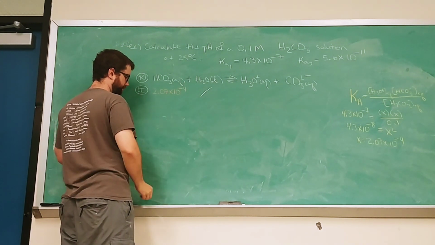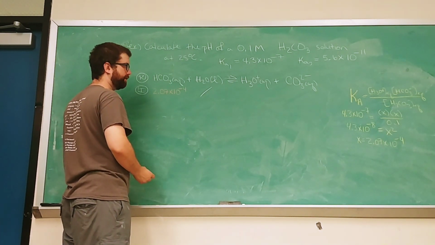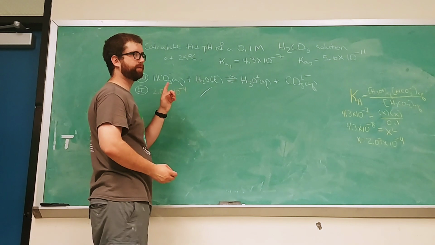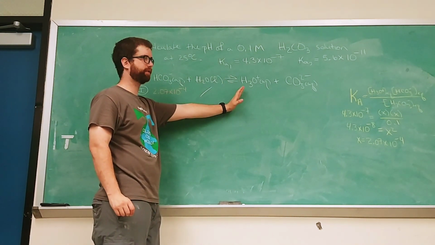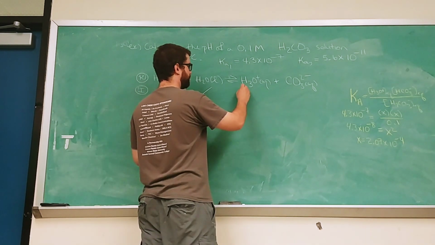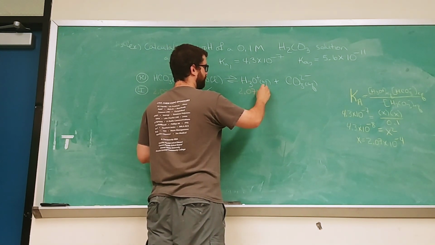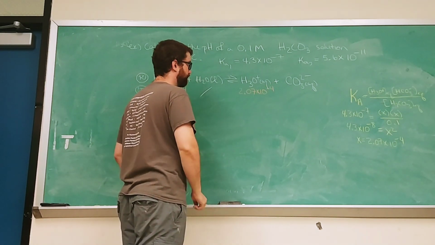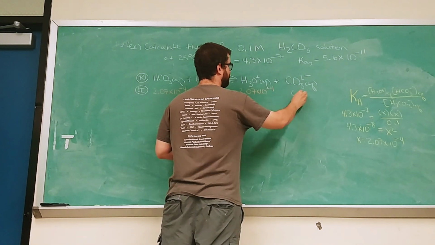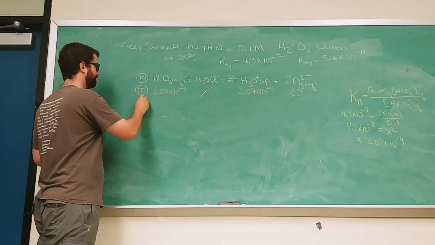We don't care about liquid water. And like in the sulfuric acid example, since I am doing the second deprotonation, I actually already have hydronium ions present, and their concentration we calculated to be 2.07 times 10 to the negative 4. And we have 0 carbonate at the beginning.